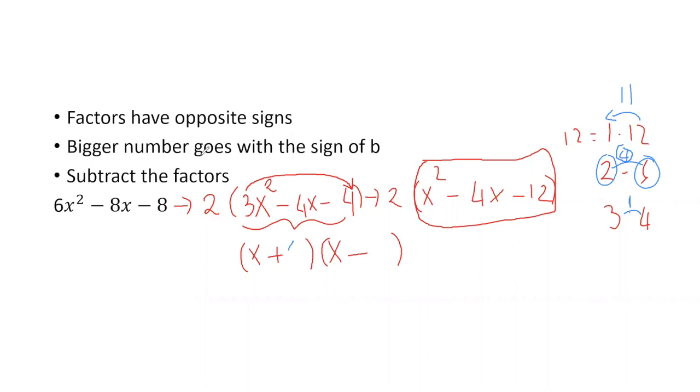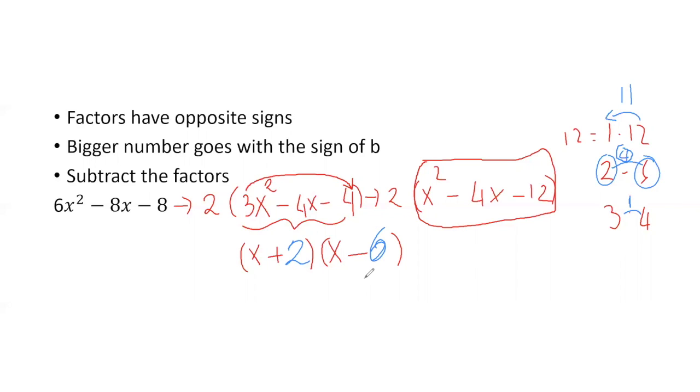The bigger number goes with the sign of b. Here, b is minus. So I will put the bigger number with minus: 2 and 6, 6 is the bigger number, so it goes with minus 6, and 2 goes with plus.